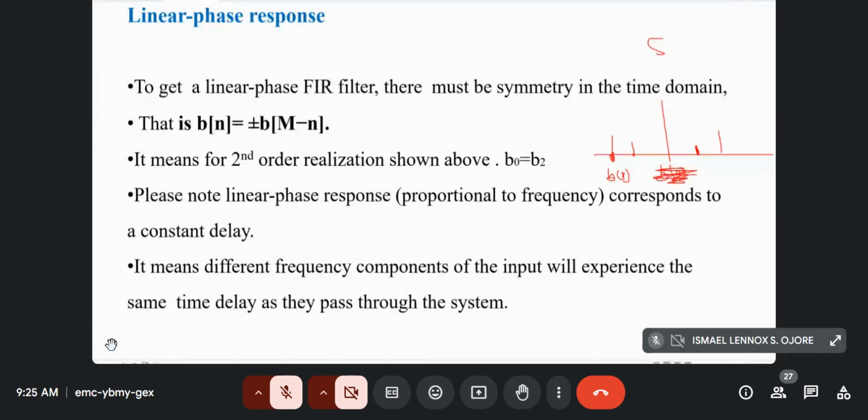Oh, symmetry. Traditionally we consider B0 to be the center here, but if we are considering B0 to be the first one, B0 is the same as B5, 5 minus 0. It's the same as B4, sorry, because this is B0, B1, and traditionally we start with 0, B3, B4.